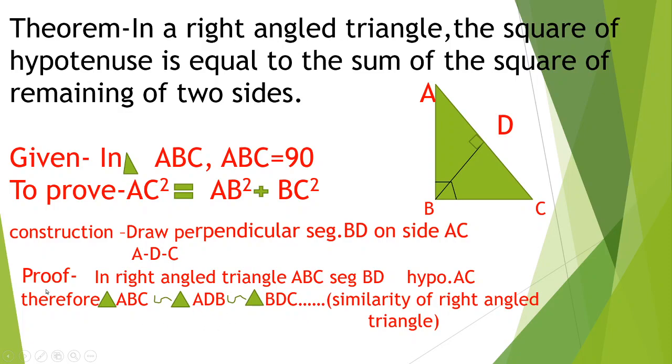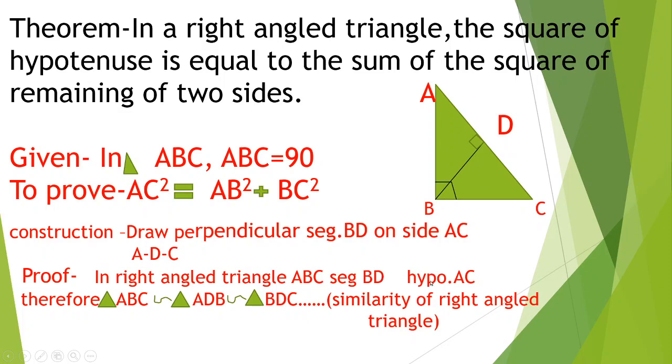Now proof. In right angle triangle ABC, segment BD is perpendicular to hypotenuse AC. Put here perpendicular sign.